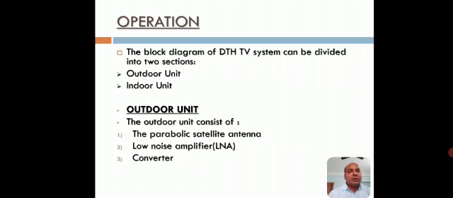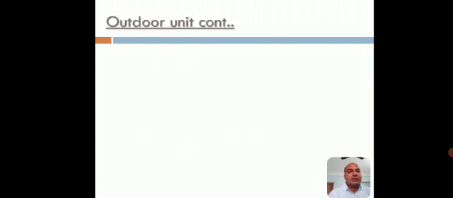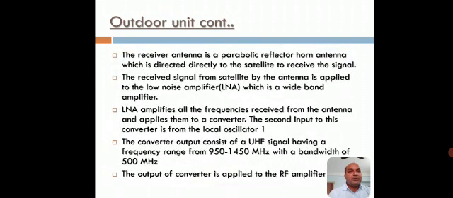The outdoor unit consists of a parabolic satellite antenna, low noise amplifier, converter. The outdoor unit also has the receiver antenna, which is a parabolic reflector directed straight to the satellite to receive the signals.